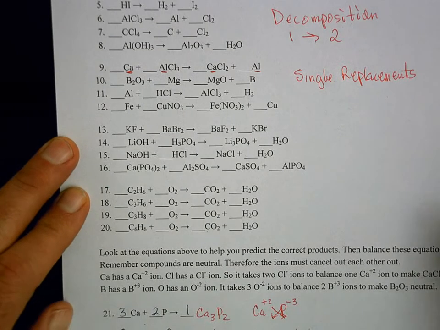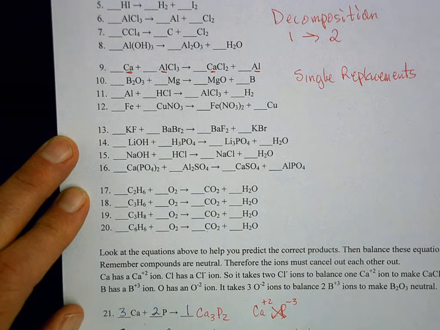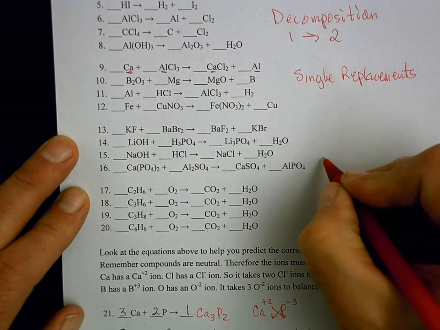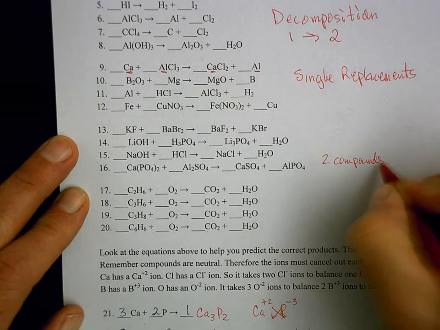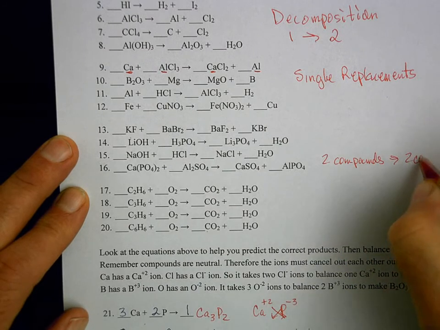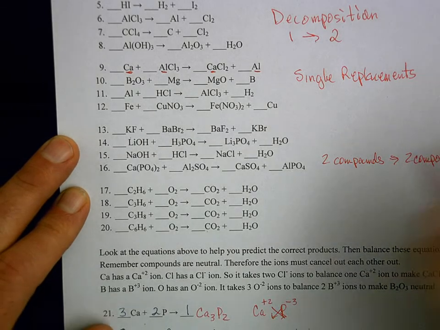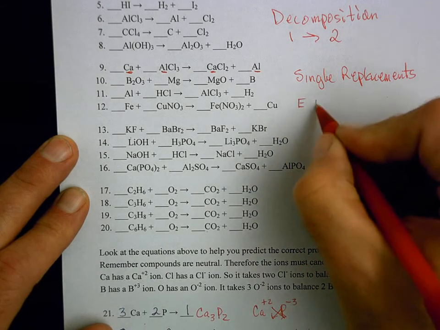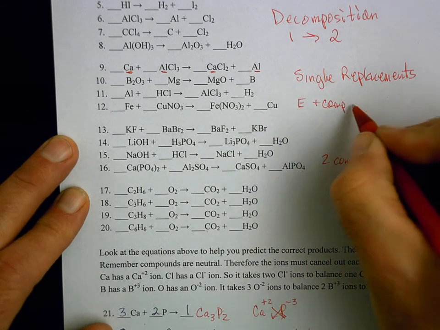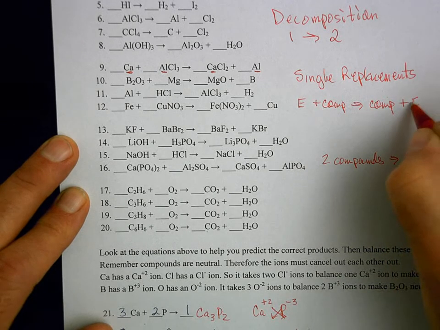The next group has compound, compound, compound, compound. So basically, we're doing 2 compounds going to 2 compounds, whereas the group just before it basically went 1 element plus a compound went to a compound and an element.